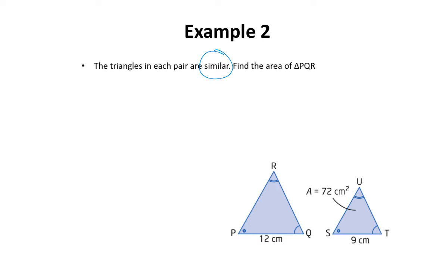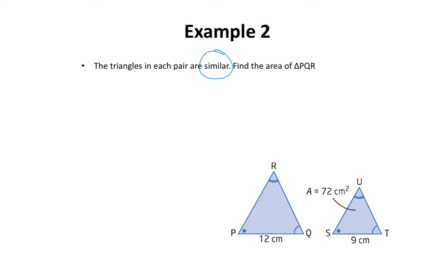However, those two things aren't that important right now because we want to figure out the area of triangle PQR. If you recall, there is a relationship between the areas of both triangles, and that involves a constant called k. And we are going to have to figure out that k value, which is also known as the scale factor.